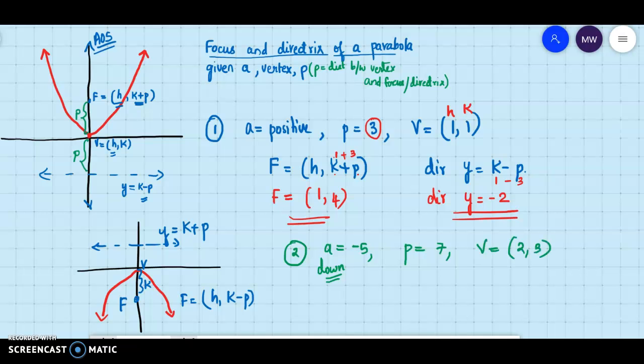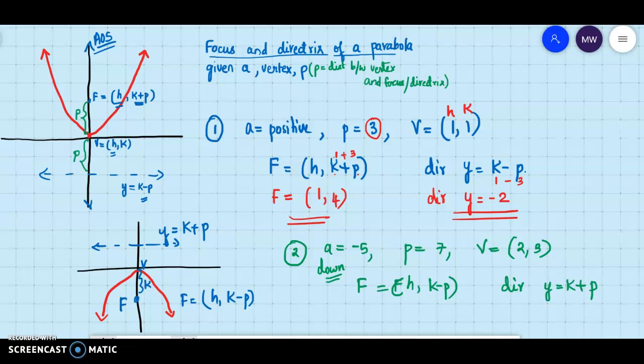So these 3 items will be given to you. You have to find the focus and you have to find the directrix. So to find the focus, I write the formula for the focus as h comma k minus p, because the parabola is facing down. And the equation for my directrix is y equals k plus p.